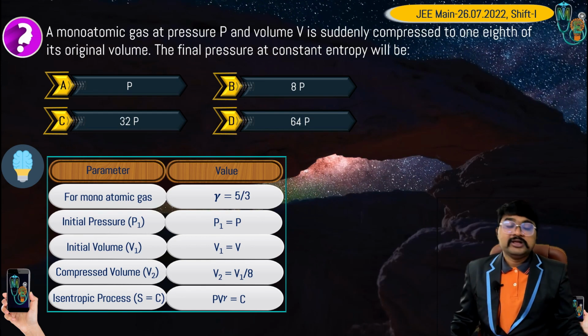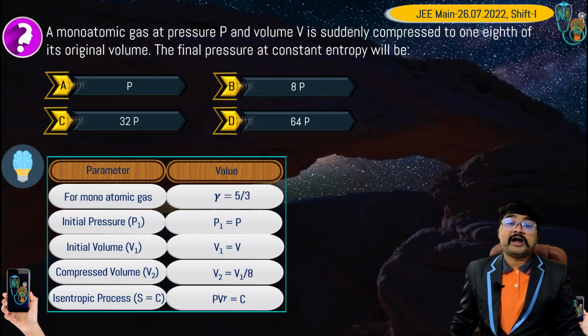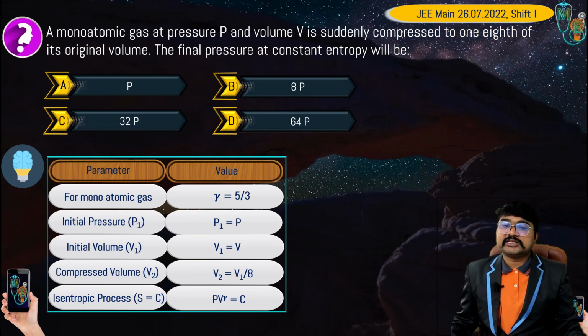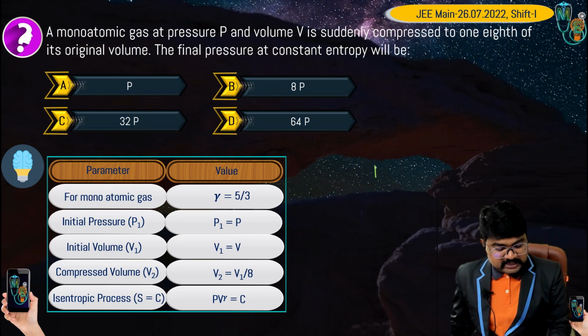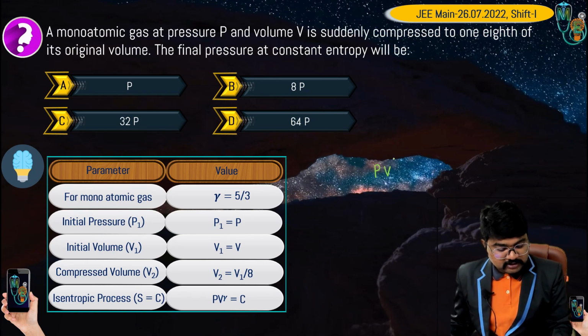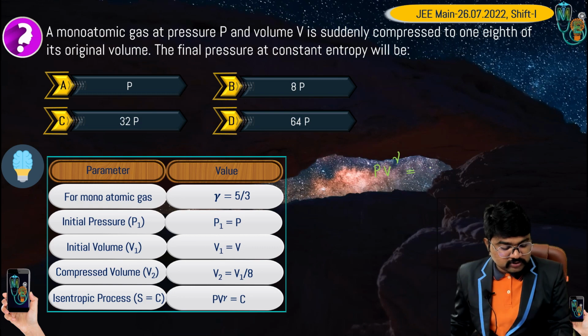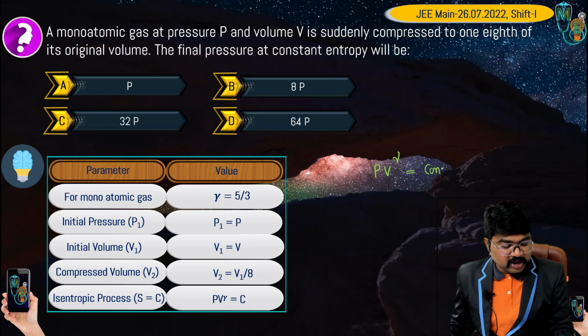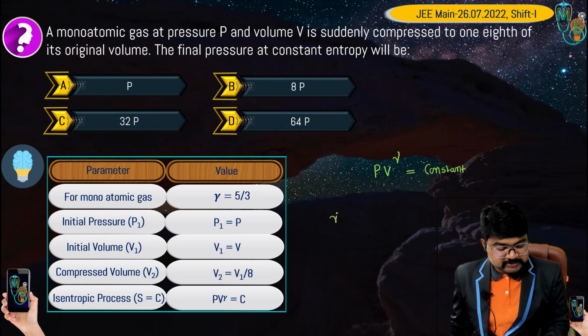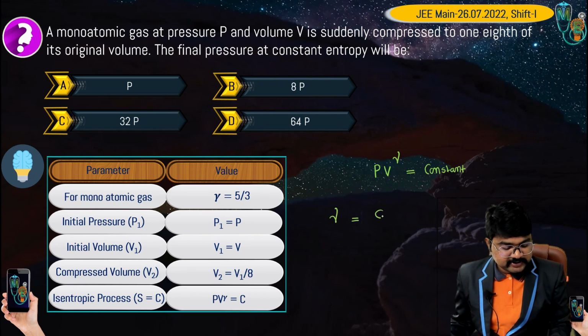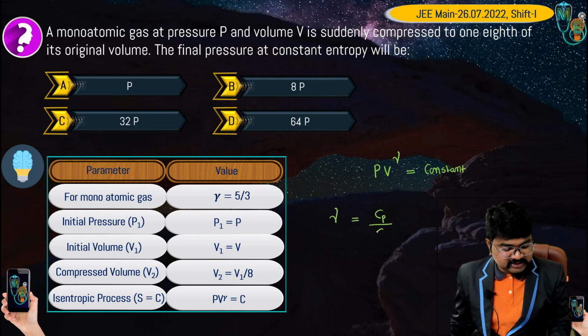Here it is a reversible adiabatic process, that is PV to the power gamma equal to constant. Gamma is the adiabatic index or specific heat ratio, Cp by Cv.